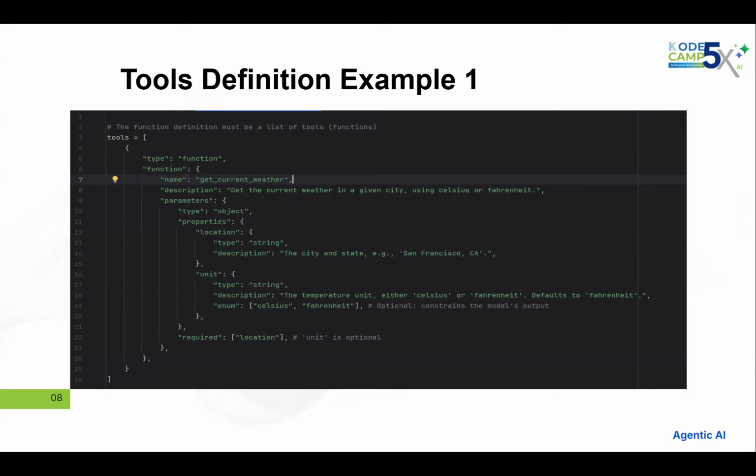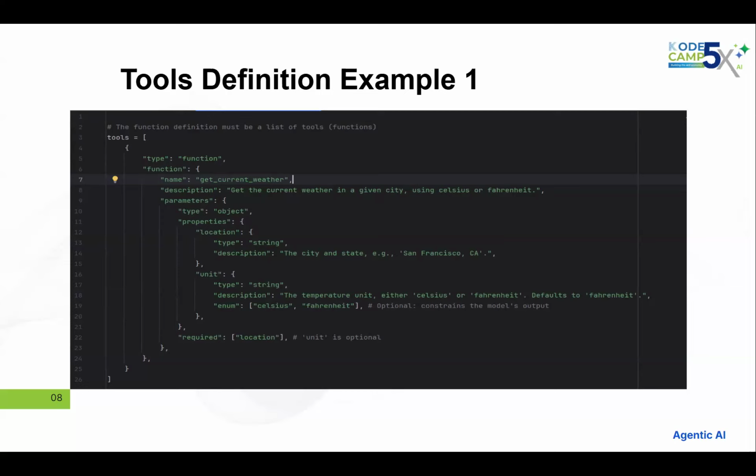And that to call this function, it needs to provide two values, one representing the location, that's the city whose weather it wants to get, and the second one representing the unit that you want the function to use when providing the temperature value.